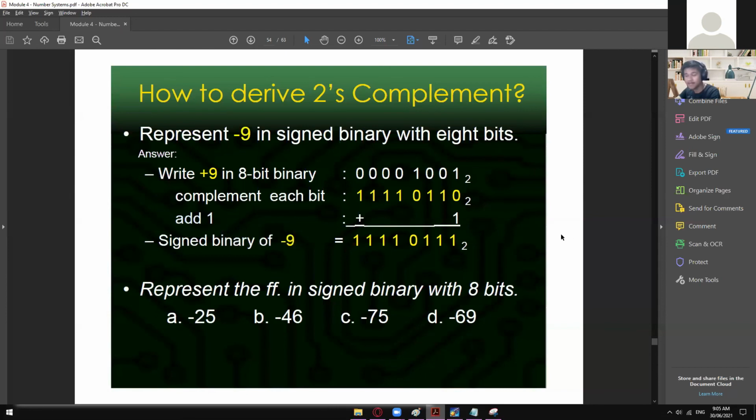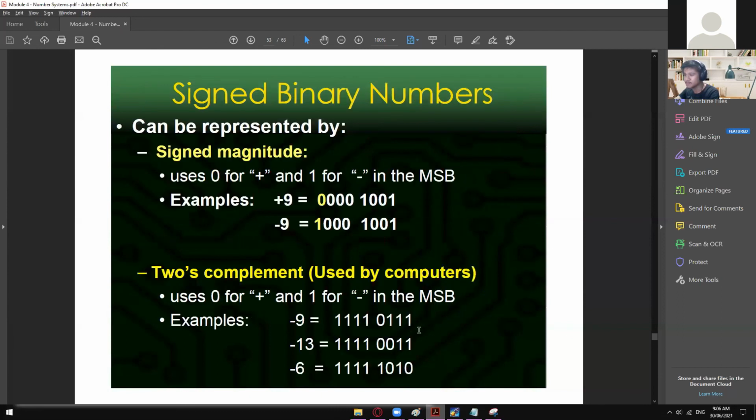Binary addition, so +1. 0 plus 1 is 1, and the rest remains the same. This is now your final answer when it comes to signed binary of -9. If you take a look, this one is the same with what we have in here.